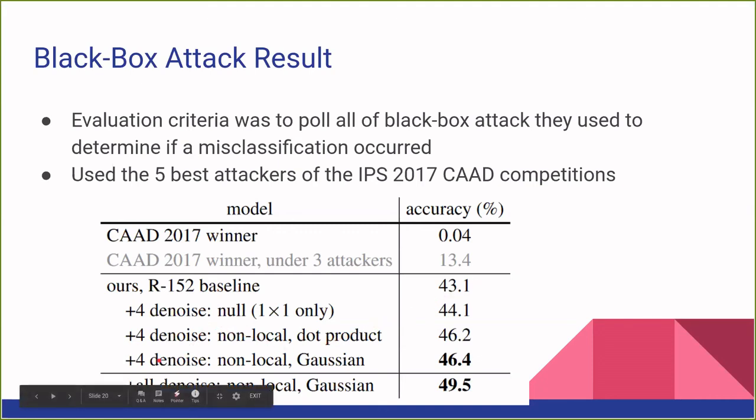So as we saw before, the best filter that they used was a non-local Gaussian that had 46.4% accuracy.